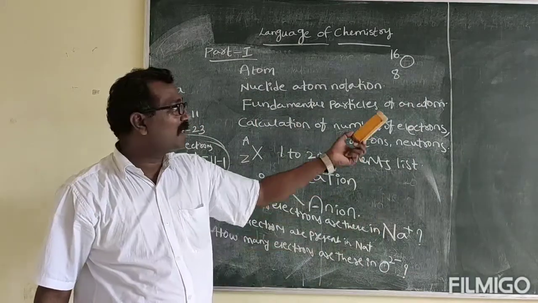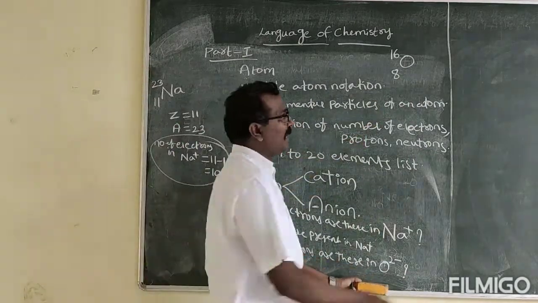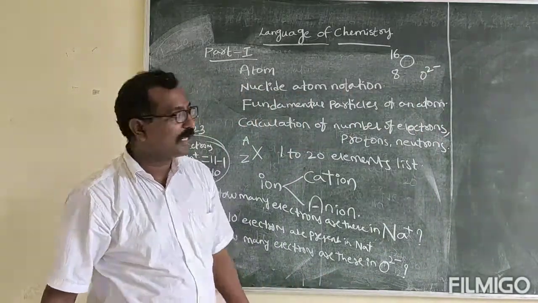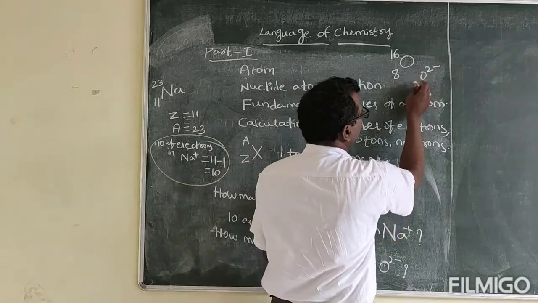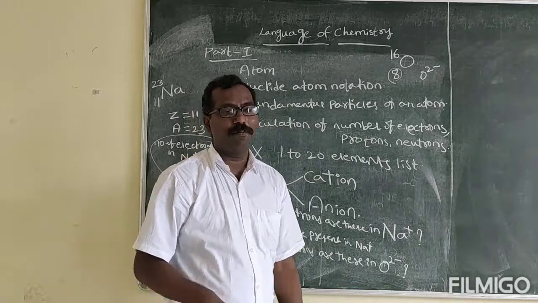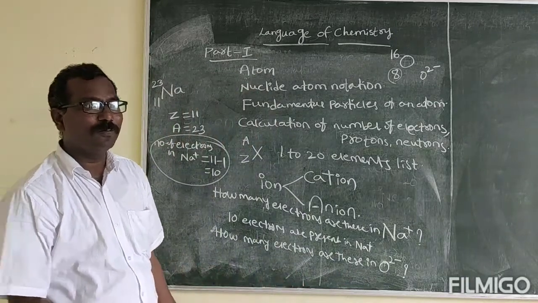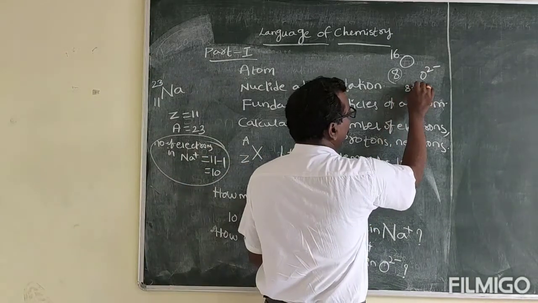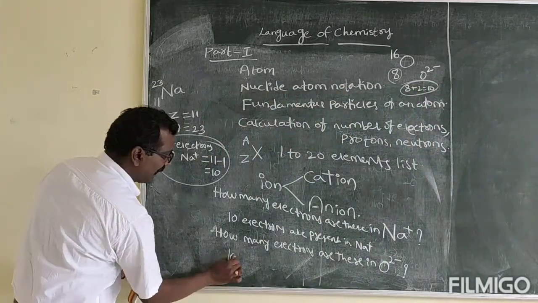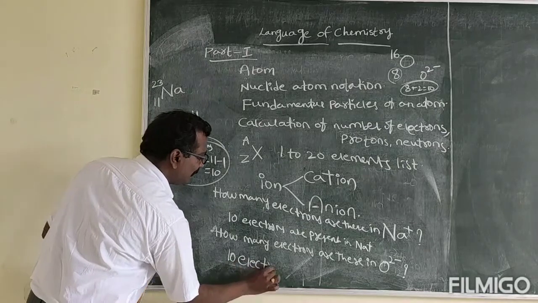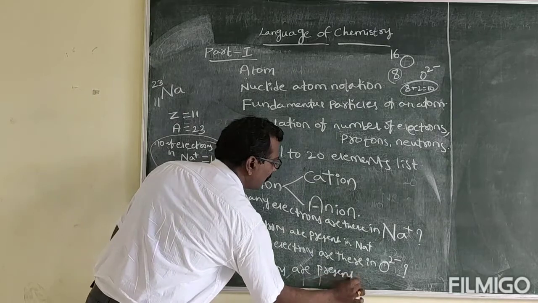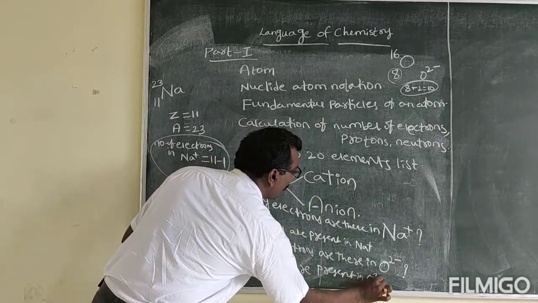So how many electrons are lost or gained here? O2 minus means how much? Gain or lost? Gain. So here already 8 electrons are there. 2 are gained. Means how many? 8 plus 2, 10 electrons. So 10 electrons are present in O2 minus.